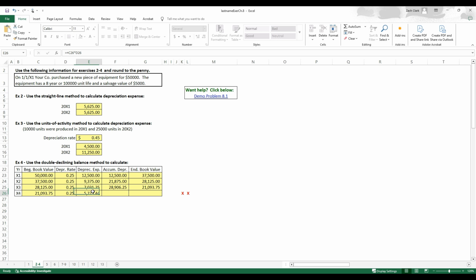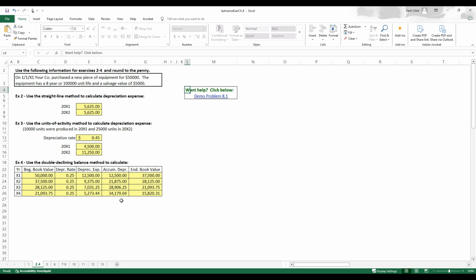Bring it down. Do the same thing basically. Drag your, you can really do this well with formulas. And then again, there we go. And the one thing to keep an eye on, it doesn't haunt us here in this problem because we're not getting to the end of the depreciation.